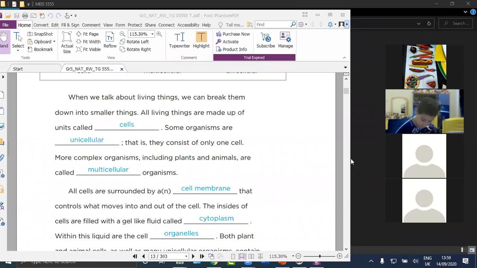Zain Rida 5D, Zain. Where are you, Zain? Yes, read. When we talk about living things, we can break them down into smaller things. All living things are made up of units called cells. Thank you.